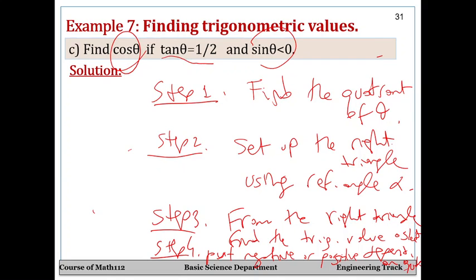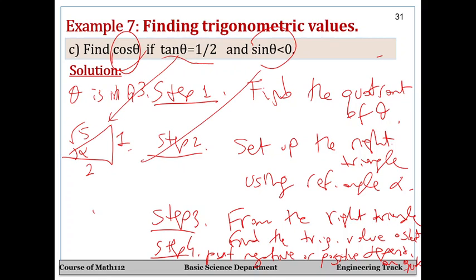So here we said theta is in quadrant 3. So we set up the right triangle with alpha here. Tangent alpha is 1/2. So then we find square root 5. Then what is asked? Cosine theta. It's 2/square root 5 by using alpha.